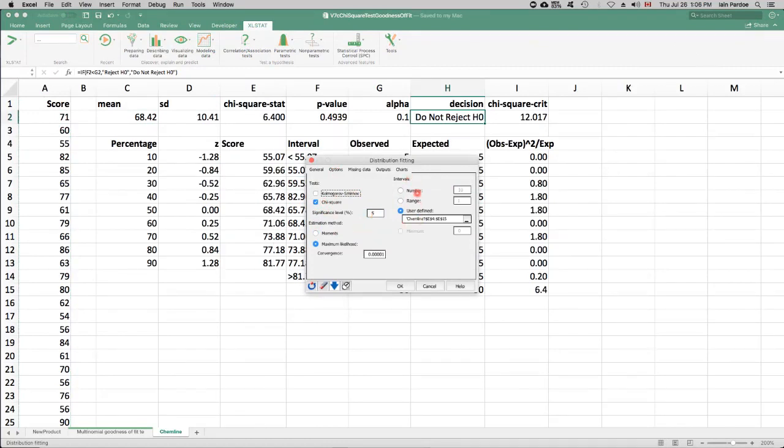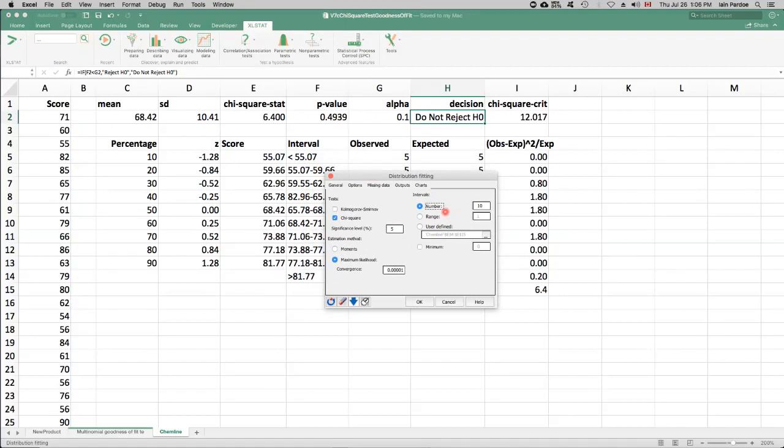And there's different ways that the intervals could be calculated. The default is just to pick 10 intervals, so that's what I'll do here. It's actually not going to match up exactly with what we did by hand, because the way it determines the intervals is a little bit different. And then the estimation method, both of these are going to give similar results in this case, so we'll just leave it at the default.